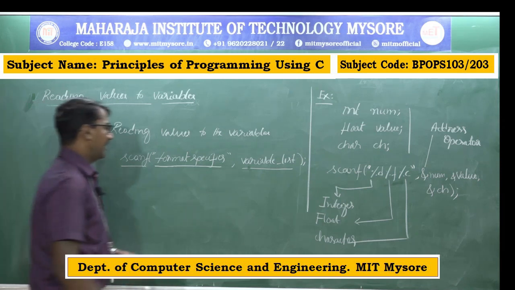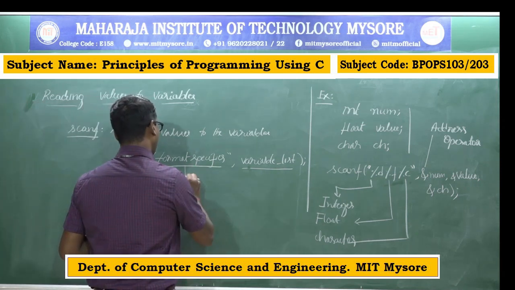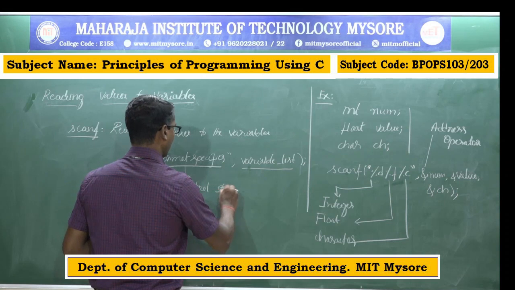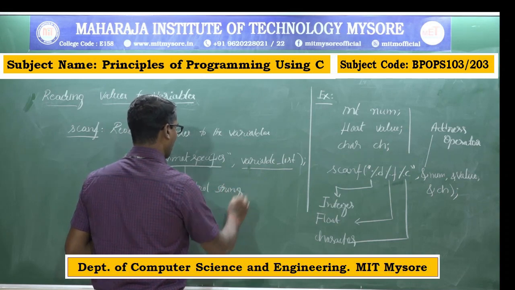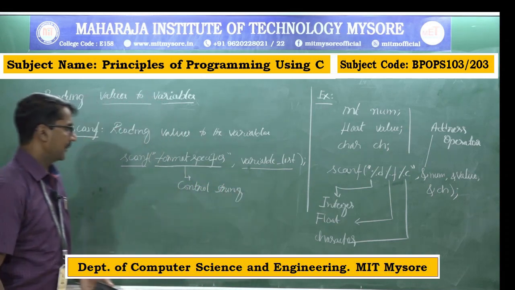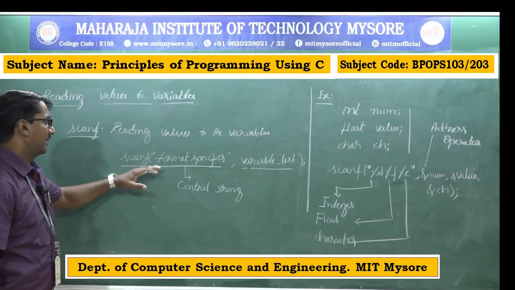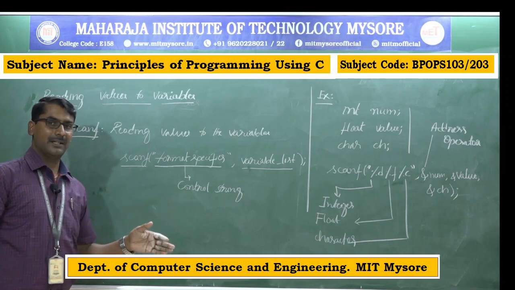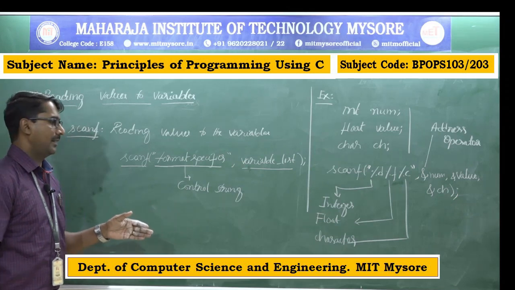Here the format specifier is also called a control string. The control string is different for each data type.